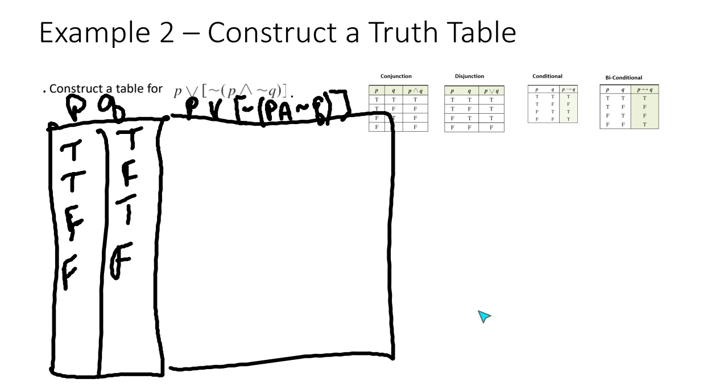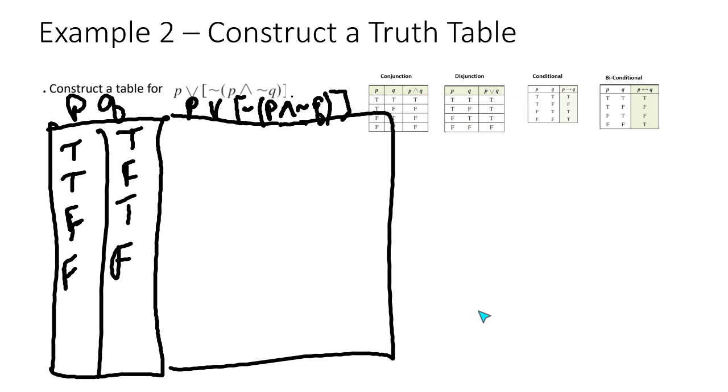Okay, so this is like that. All right, so where do you start first? We want to start inside of the brackets. If you wanted to fill in the first P, that's fine, but we can start inside of the parentheses just to keep track of what we're doing.